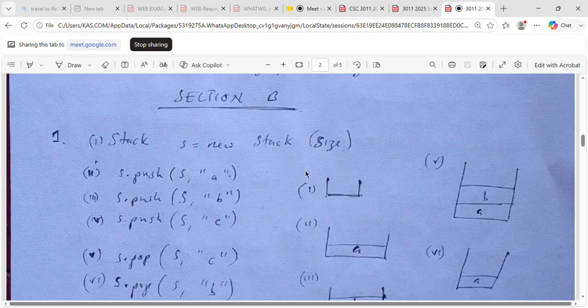So that's a constructor. Then what's this?